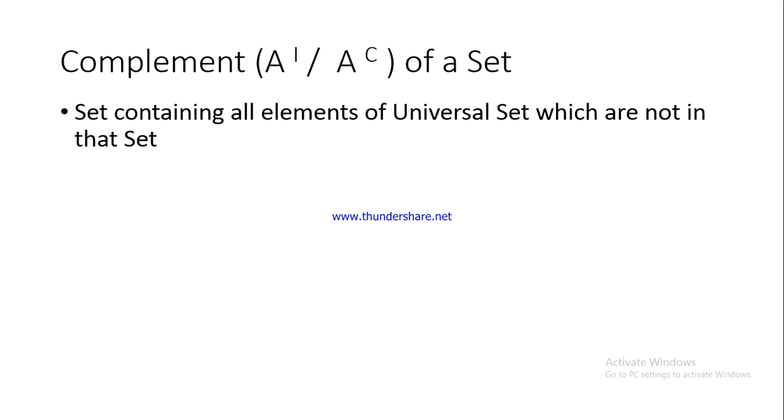These are the notations which are used to denote the complement, A dash or AC. So the complement of a set A will be another set which we will denote by A dash or AC, which will contain all the elements of the universal set which are not there in A.